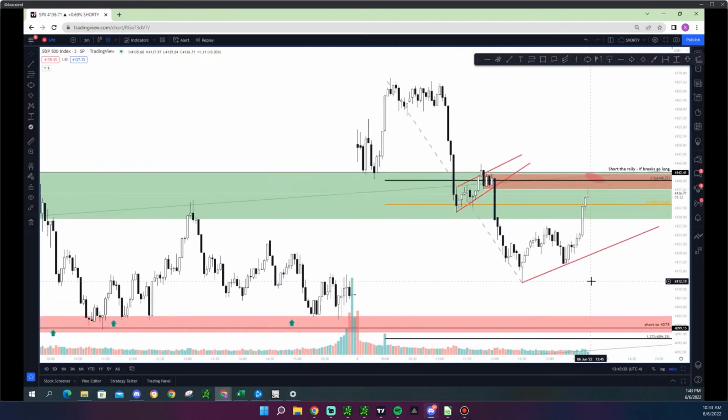And guess what I'm going to buy right here? Yeah, I'm in puts. Say that one more time, Shorty. Yeah, I'm in puts here for tomorrow. Which strike? 40-50s. I got a 220 fill here.